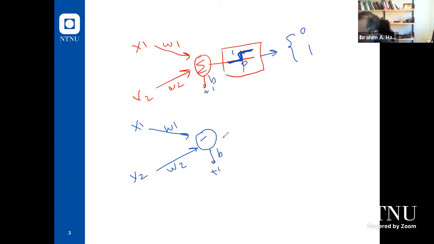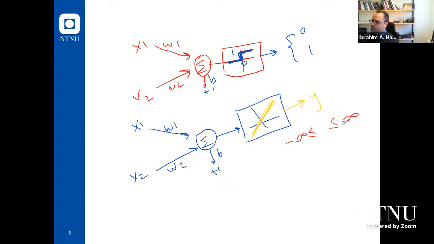But instead of using this step activation function, we need to use a linear activation function. So the linear activation function would be like this one, right? The output will be continuous, from minus infinity to plus infinity.